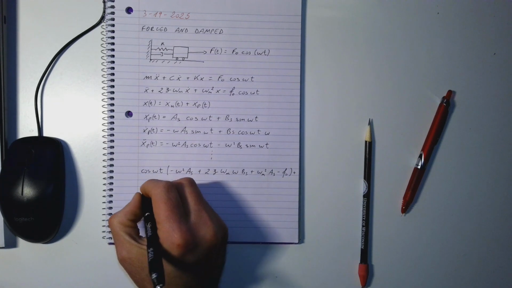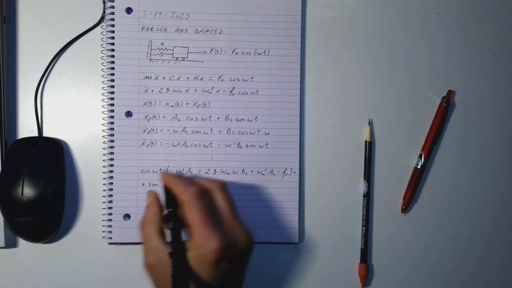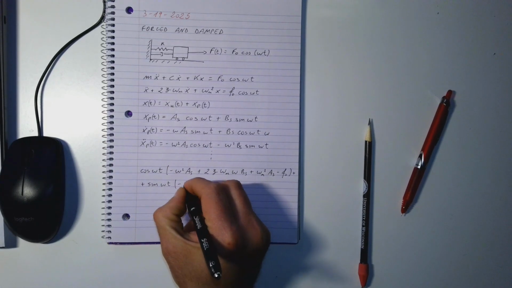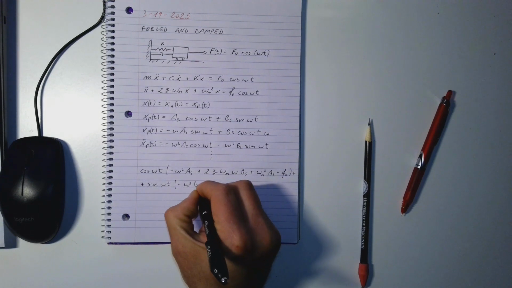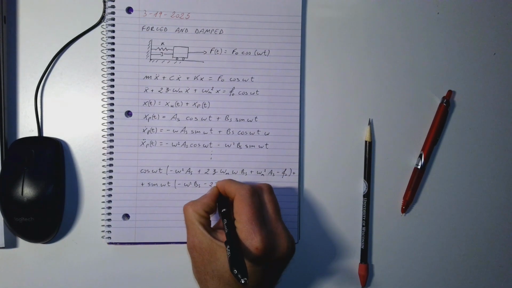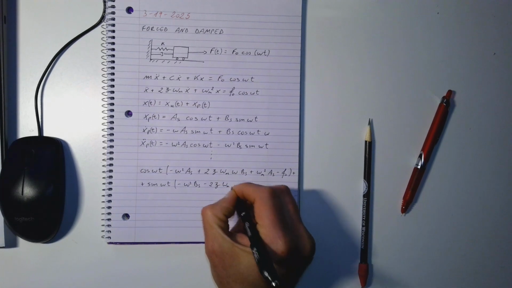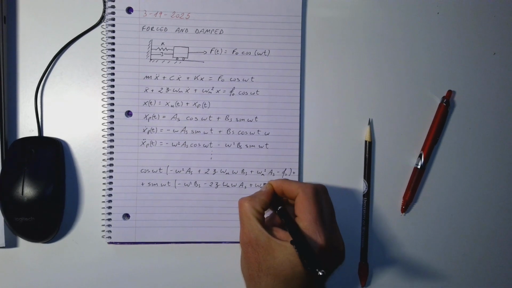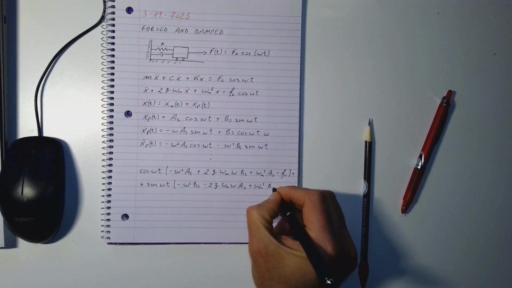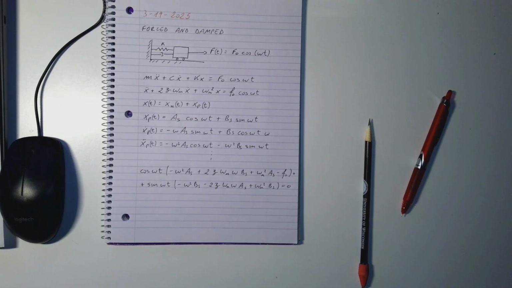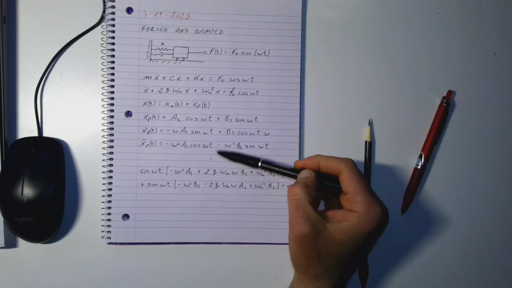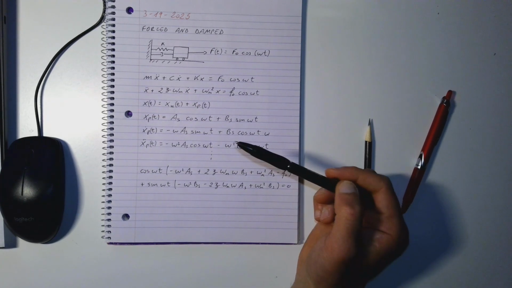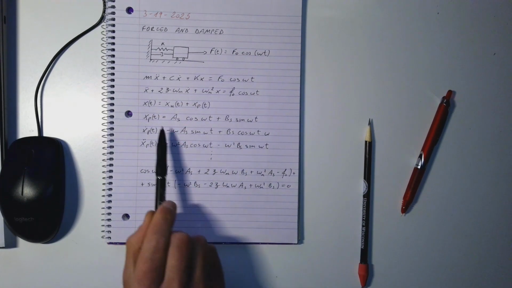This is the first one, and then the second one will be sine of omega t times minus omega square bs minus 2 zeta omega n omega as plus omega n squared bs, equal to 0.